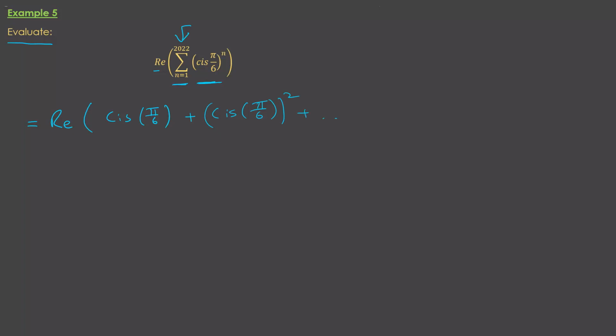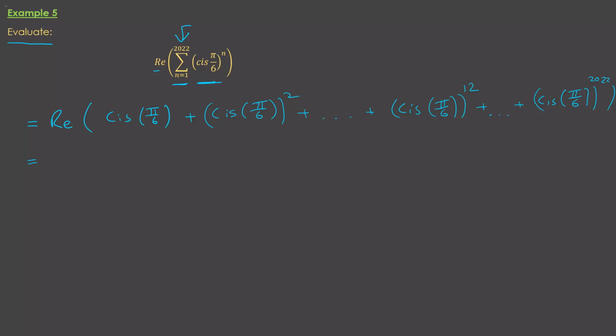And then let's miss a few terms, and you'll see why I do this in a moment. I'm going to go for cis pi by 6 to the 12 as the next one I write down. And then let's miss a few terms and go for cis pi by 6 to the 2022. And we'll finish that off there.